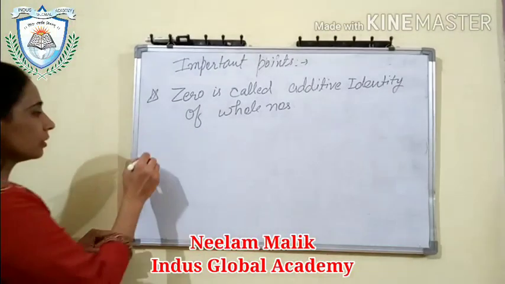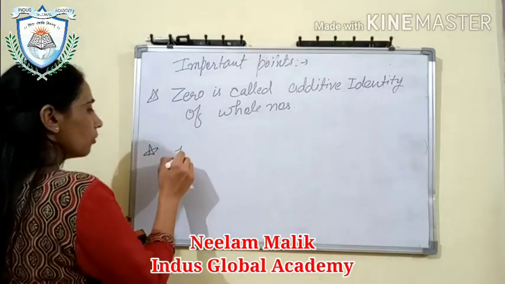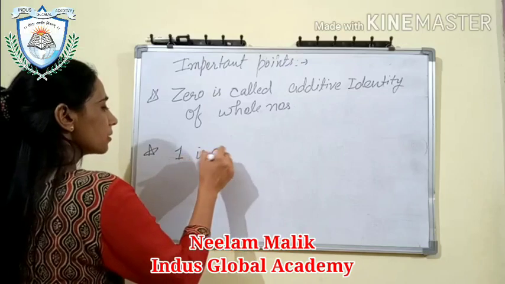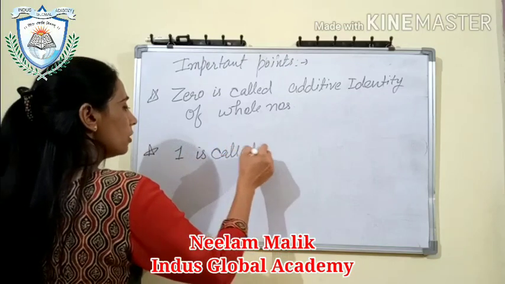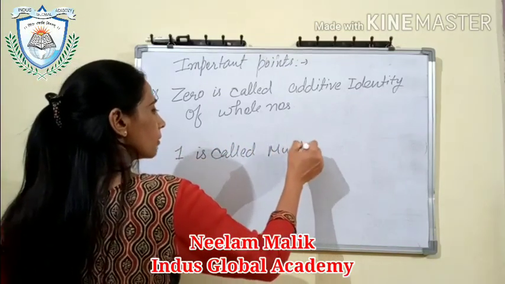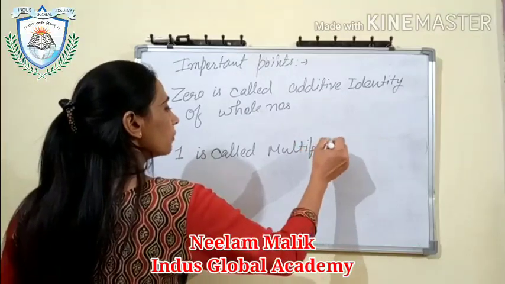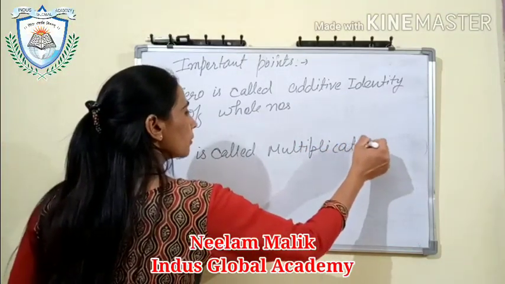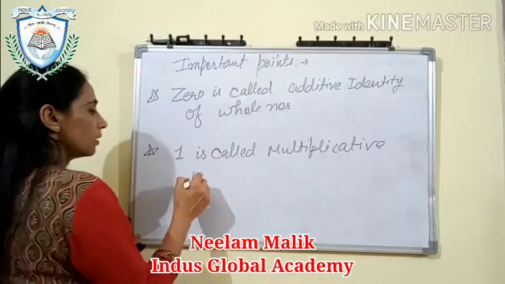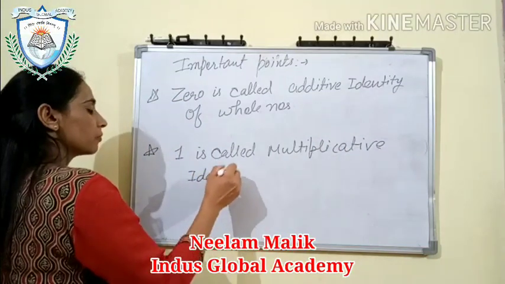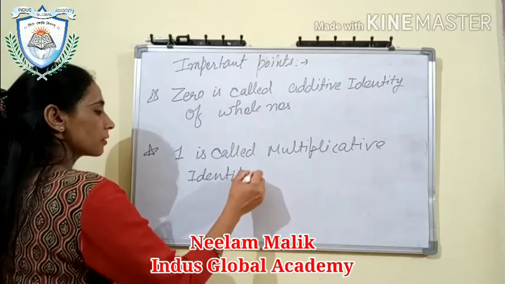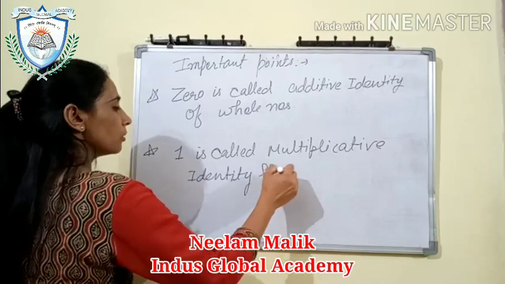And another point is 1 is called multiplicative identity for whole numbers.